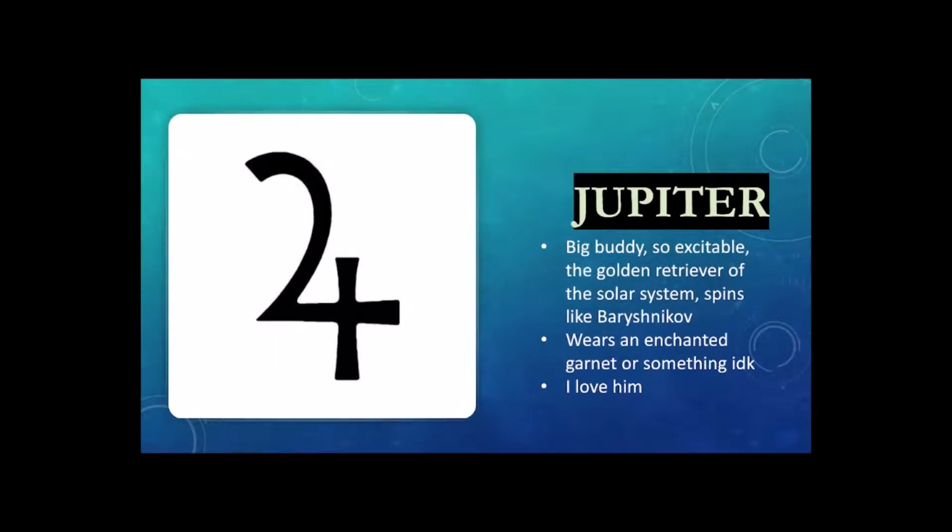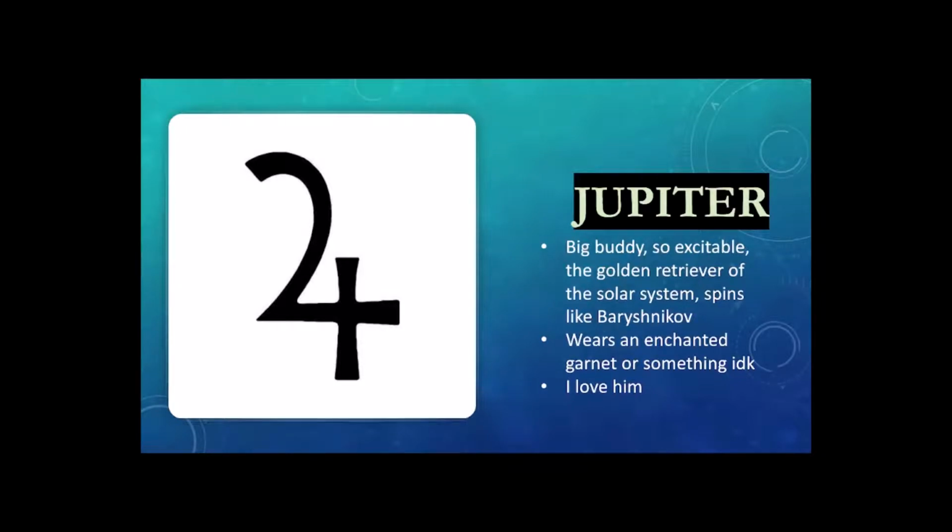Jupes, Jupiter. All right, I just get excited. So this is Jupiter. Looks like a big old 4. Really easy way to remember that is that Jupiter looks like a 4, and you can think, oh, Jupiter is the planet that gets associated largely with fortune and luck, and it looks like a 4, which you can correlate to a four-leaf clover, right?